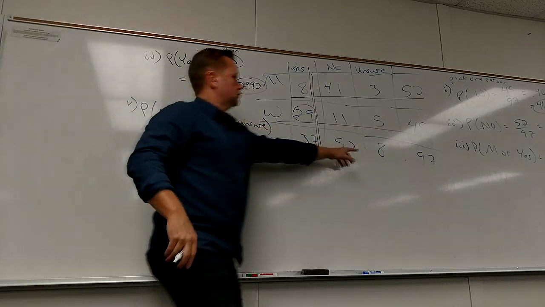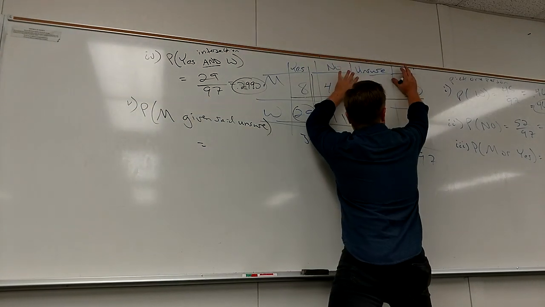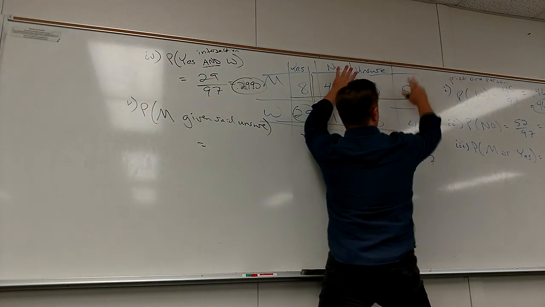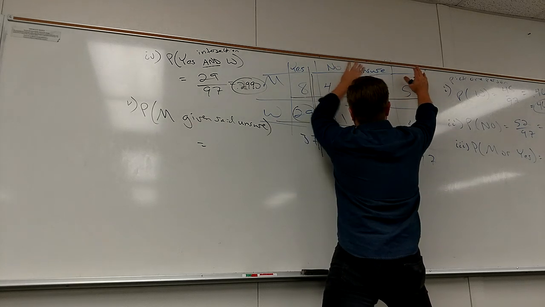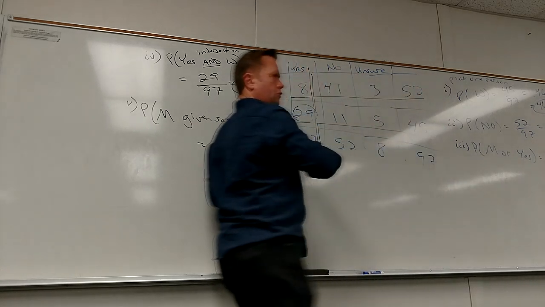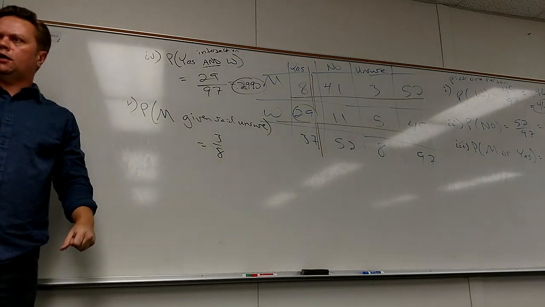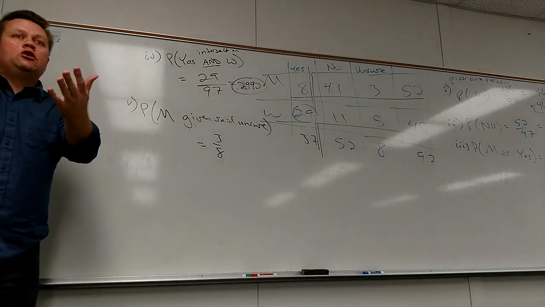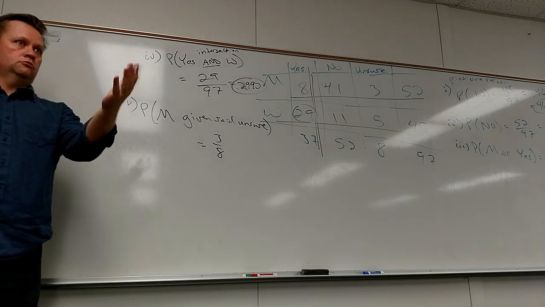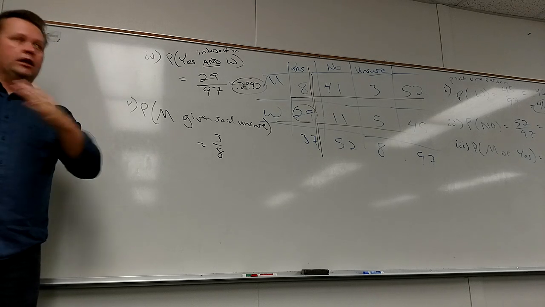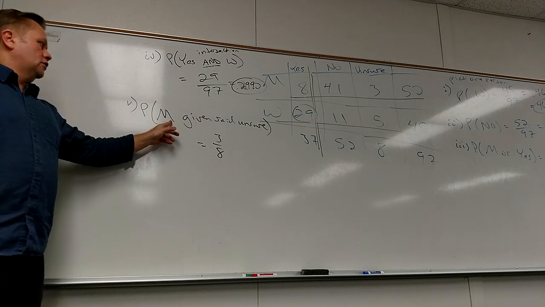8 people. So your whole world becomes this column, basically. Out of those 8, how many match what I'm looking for? 3. So 3 out of 8. So the only way the bottom can change is if I give you information about who it is I picked. I know they said they were unsure. I just don't know if they're a man or not.